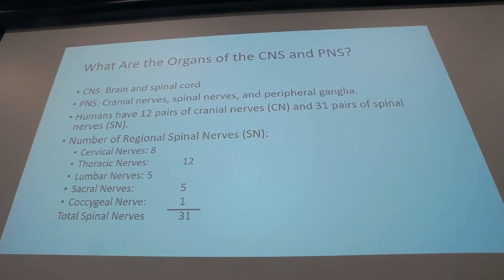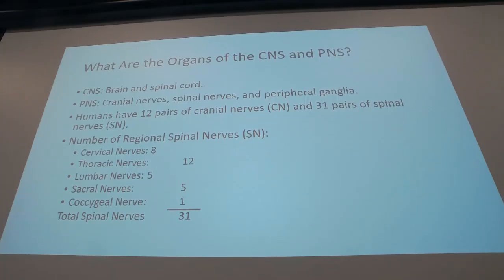Now, how many cervical vertebrae do we have? How many vertebrae do we have in the neck? 7. But we have 8 spinal nerves. And the reason for this is because each spinal nerve exits above the edge of its vertebra.